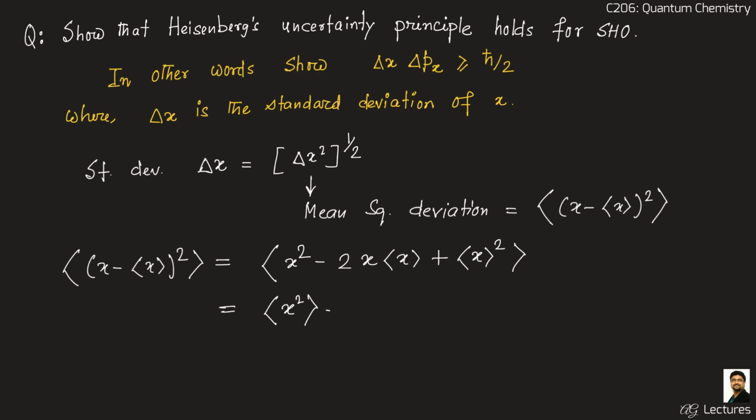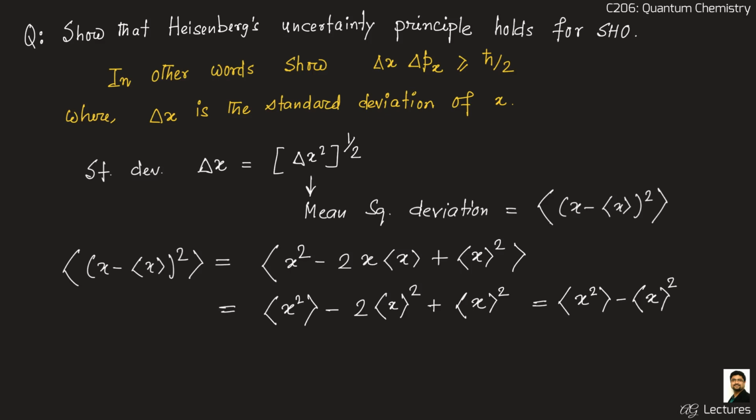So we'll be getting minus 2 times the square of the mean of x, plus here again, this is already the mean square, so we cannot take another mean of a mean, so that remains as it is. Hence this whole thing becomes mean of x square minus the square of the mean of x.